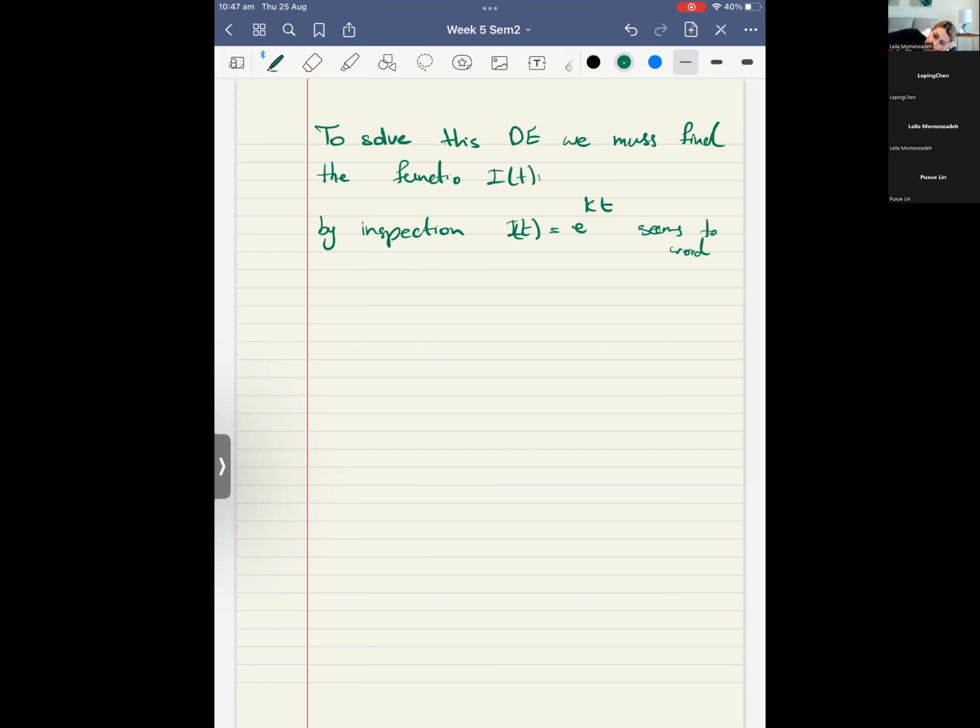It now means dI over dt would be equal d over dt e^(kt), and would be k e^(kt), and would be equal k I. Look at here, it works.